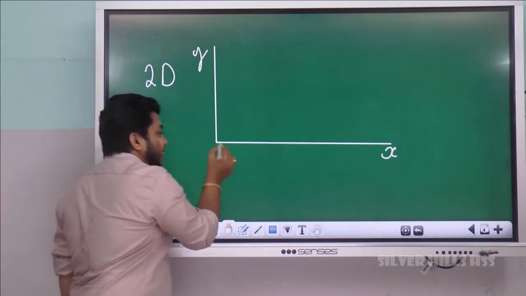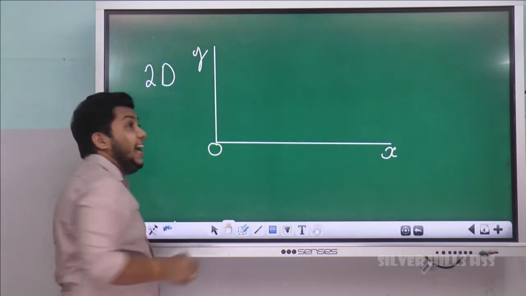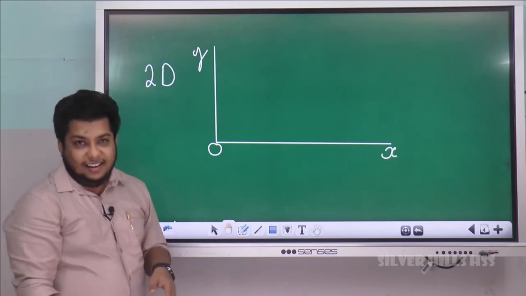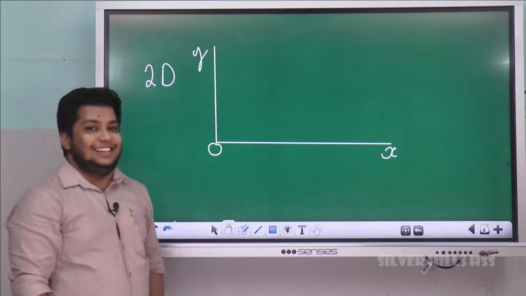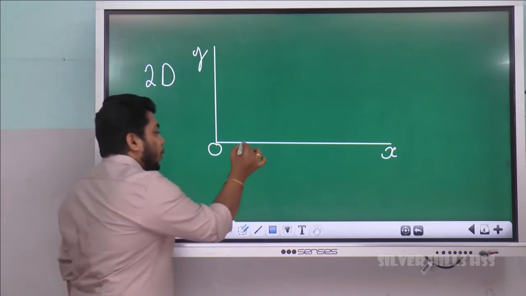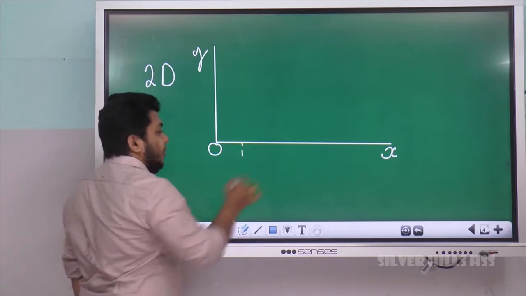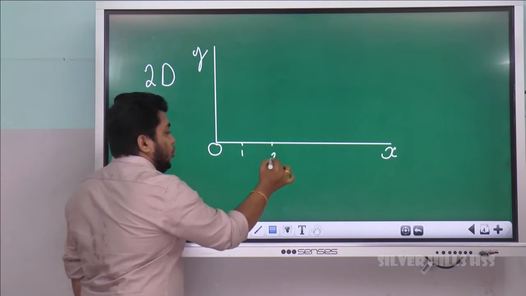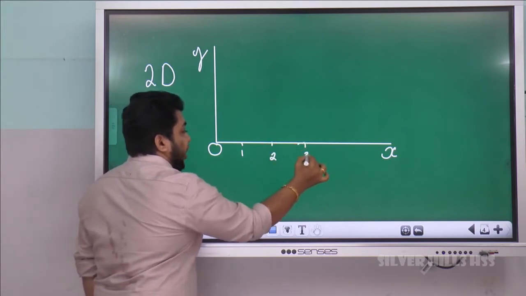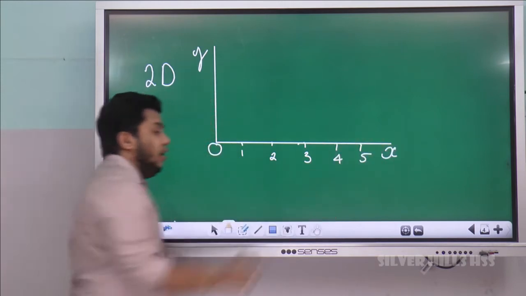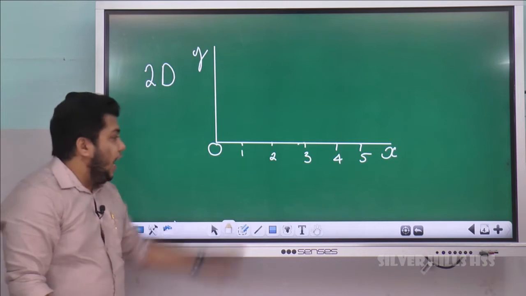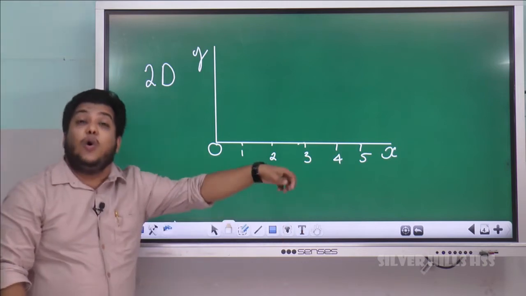This point is technically called the origin. So this is 1, this is 2, this is 3, 4, 5, etc. So labeling of the x-axis is over.